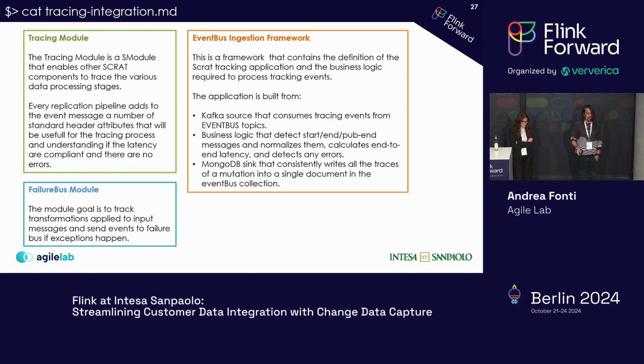So there is a tracing infrastructure, tracing as in distributed tracing, and a failure bus module that is a topic where you can signal fatal failures and just switch the microservices from the read replica to the mainframe. And then, since this is all standardized and integrated, all the sources and things in Flink will get wrapped and get this behavior for free.